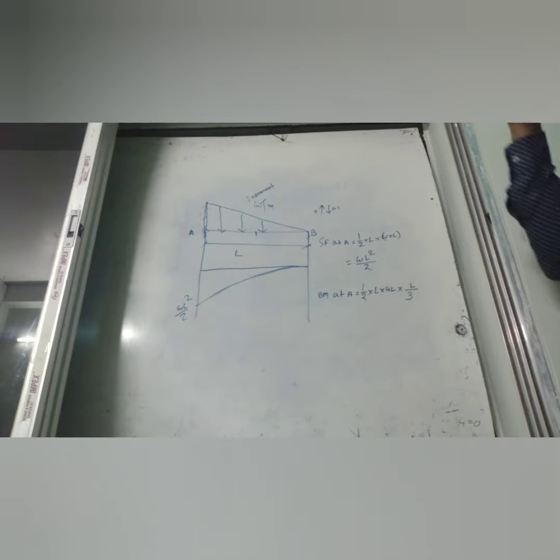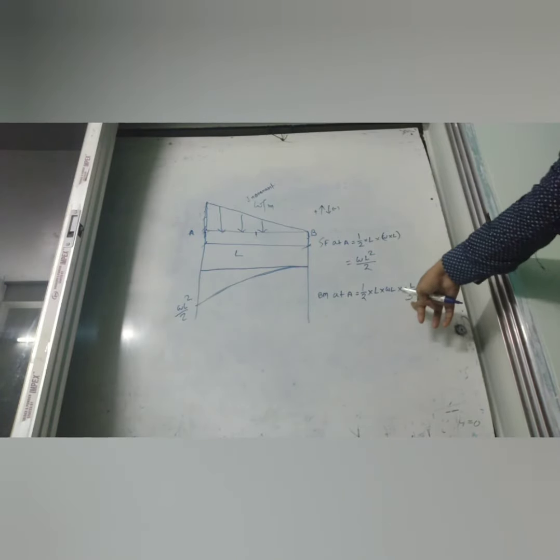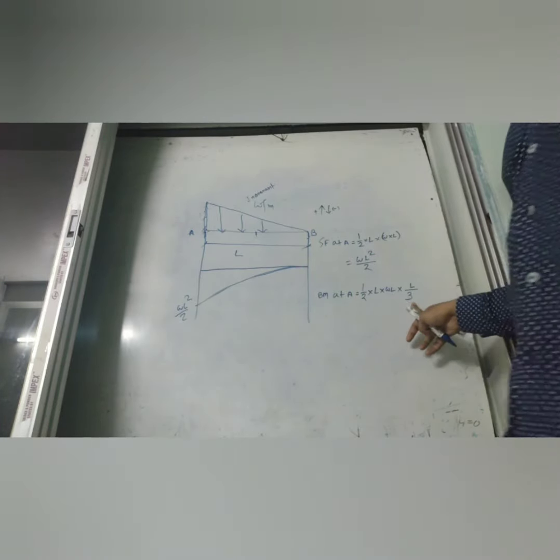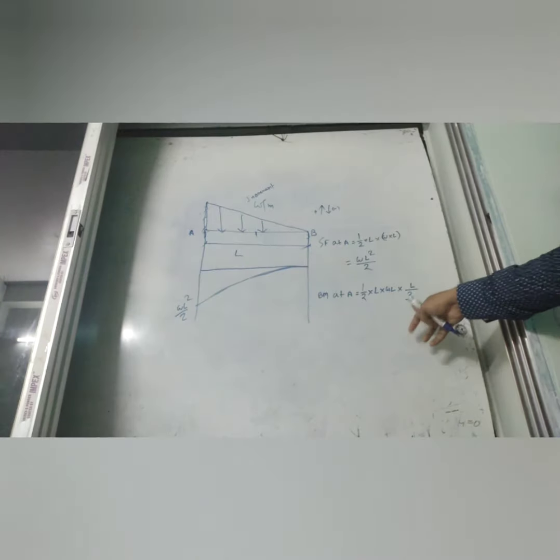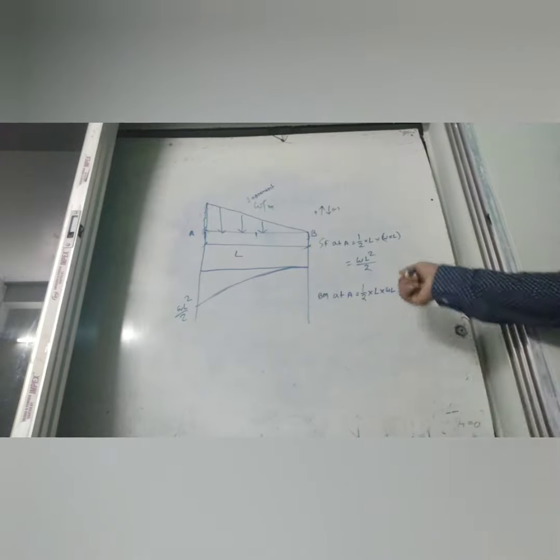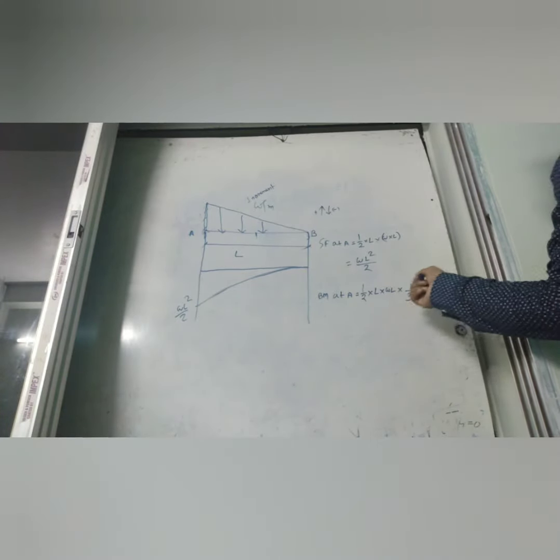In case of point load, we go L by 2, but in this case we go for L by 3. Okay, so this is the main difference. In case of point load we go L by 2, here only L by 3.